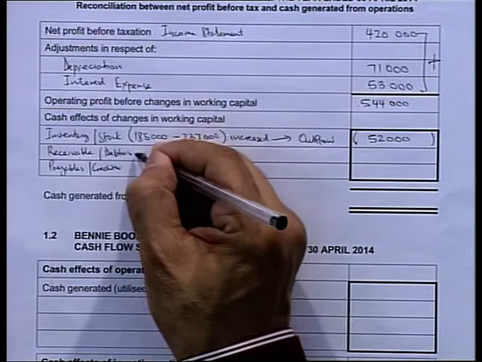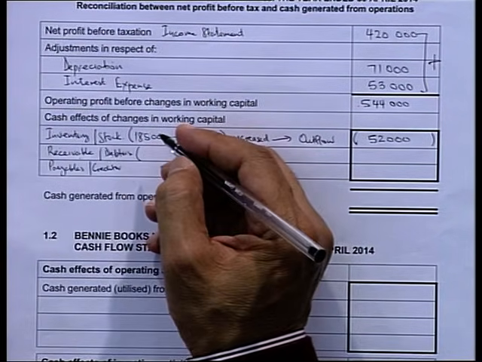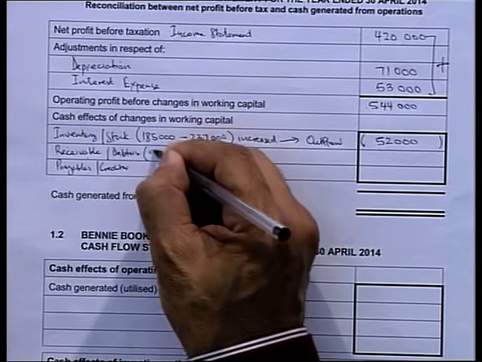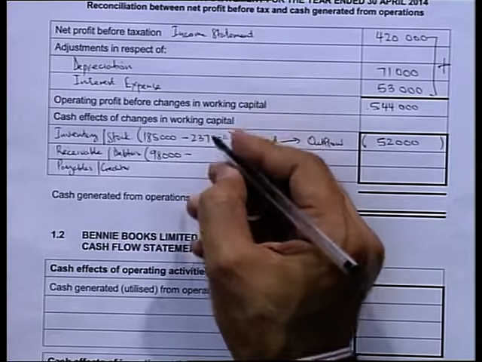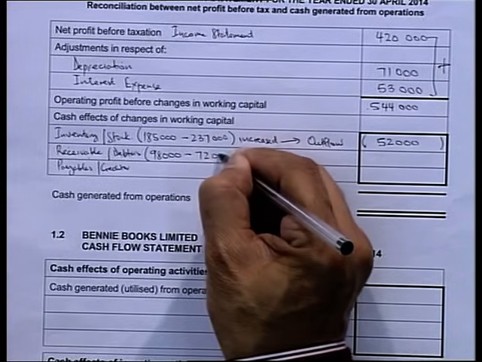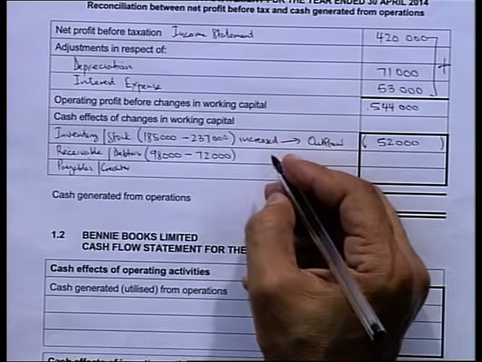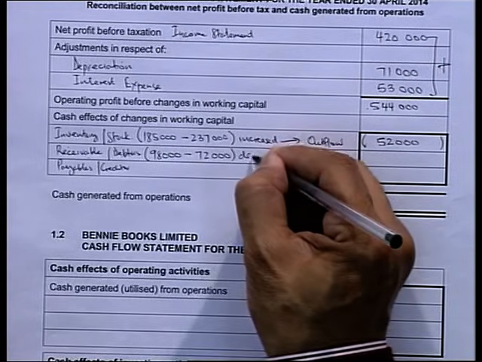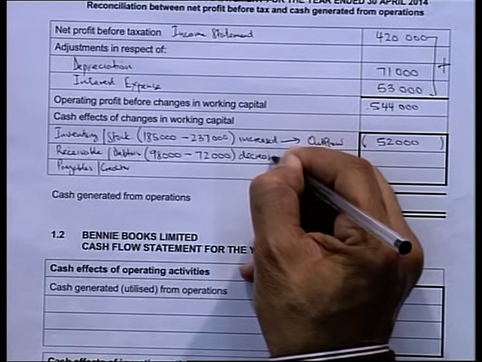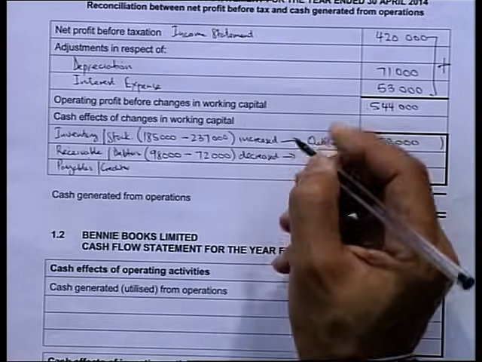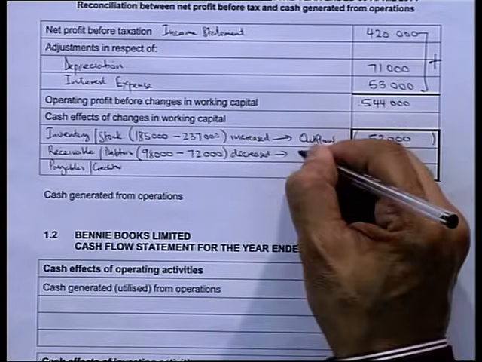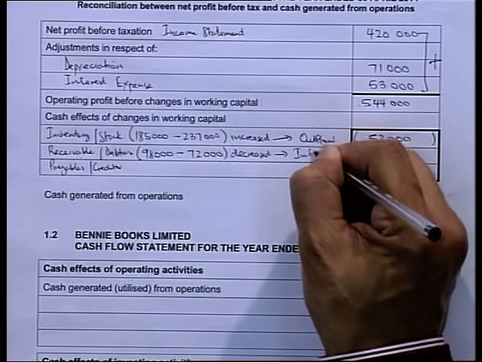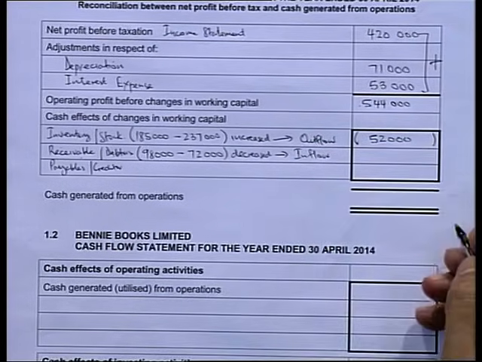So that's all the figures that I'll have in brackets next to my note. Last year, the receivables was 98,000, and this year the receivables is 72,000. So my receivables decreased, meaning that the debtors settled their accounts, so this will be recorded as an inflow.